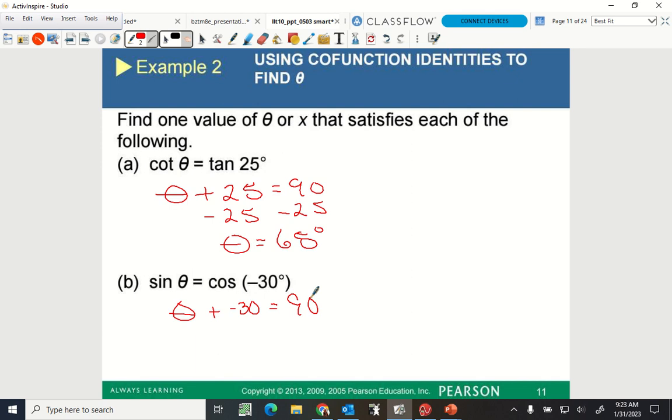What am I going to do to that negative 30 to get it to the other side? Add it. So theta is 120. Are we good? Hopefully, yes? Good.